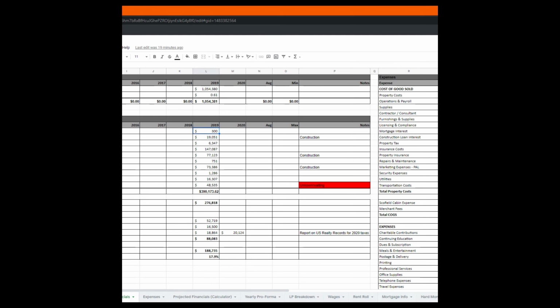Then you can say, I want to grab all the charitable contributions from over here, and I need it to match up with the corresponding year, and it will pull that information in here. It's just a faster way to do it rather than saying, charitable contributions, I got to go find it, I'm going to throw it back over here and put 300 in.